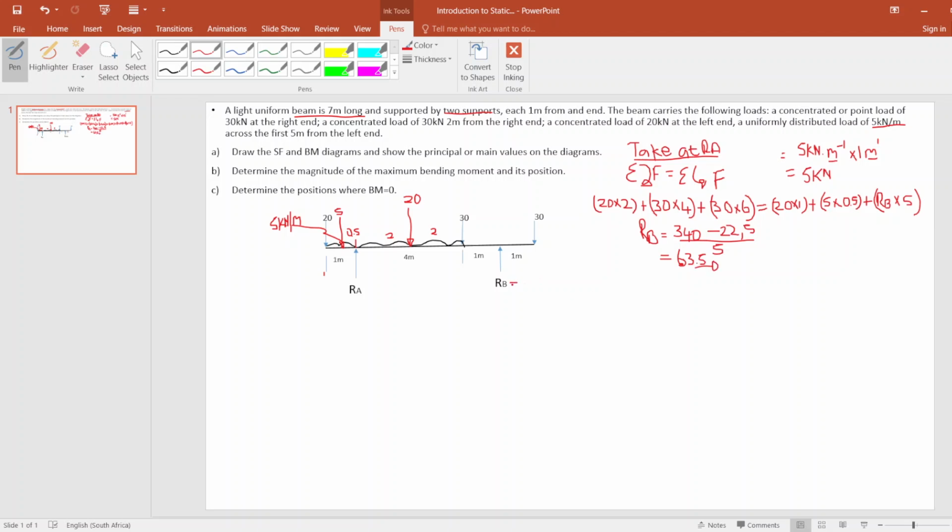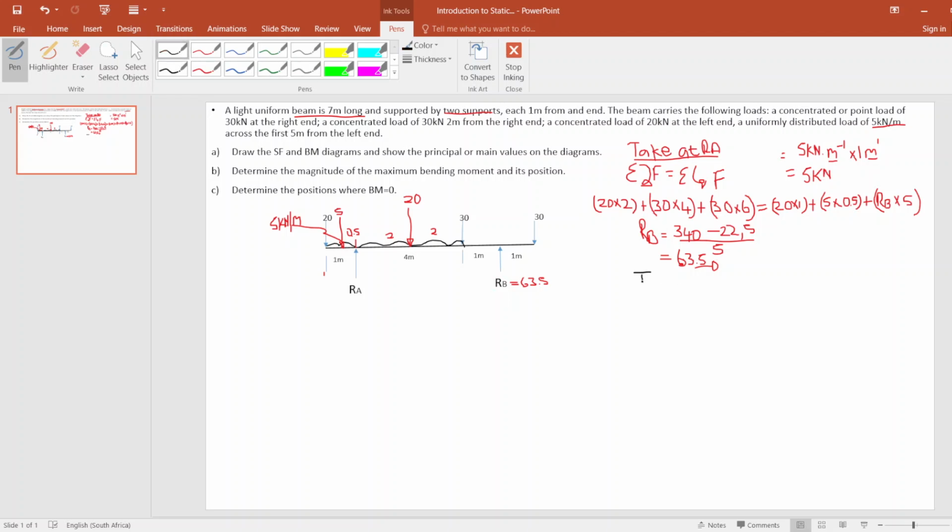Now I managed to calculate the RB. It is 63.5. Then you therefore need to repeat the process again, but now you'll be taking moment at RA.